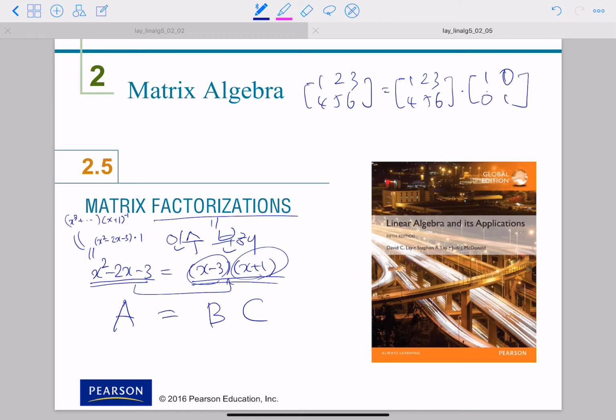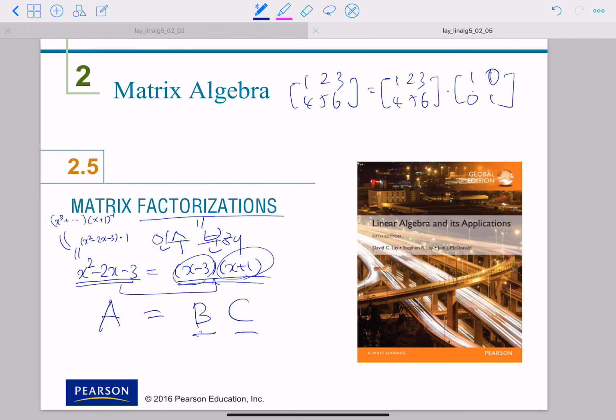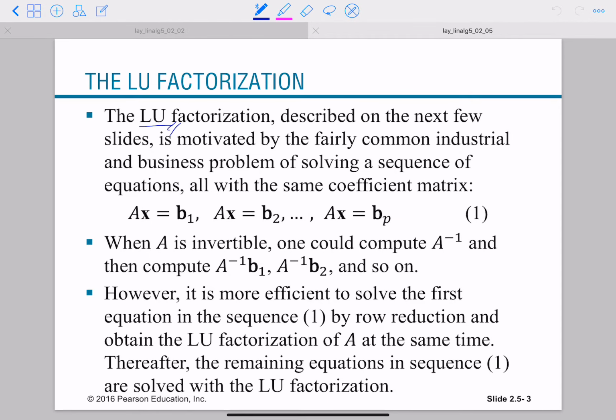And so we want to impose particular conditions on B and C, and in particular, this LU factorization imposes the following condition. Why we call it an LU factorization is because it is represented as two matrices, L and U. L is an acronym for lower, and U is an acronym for upper.